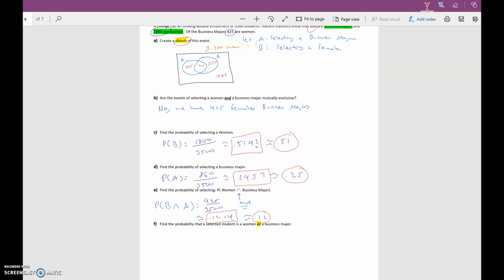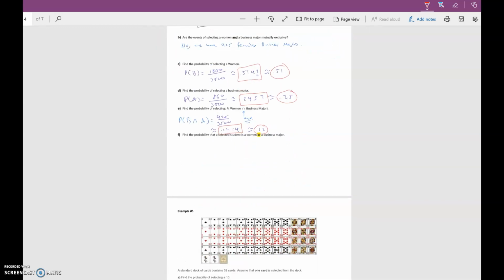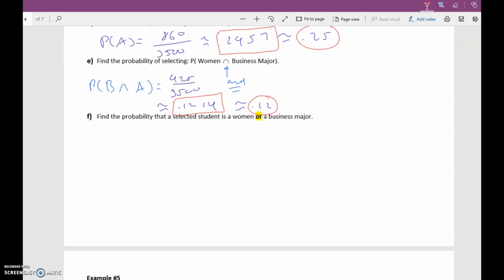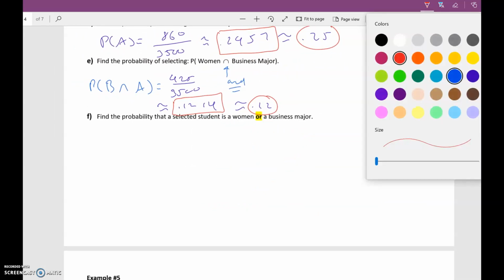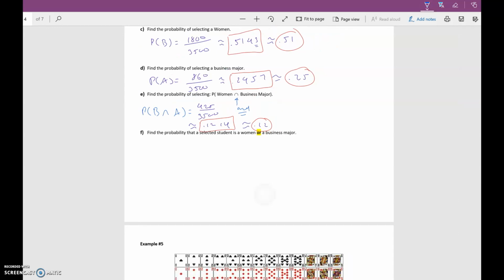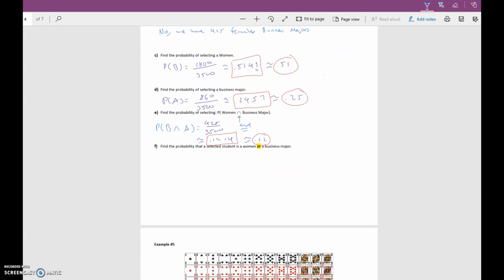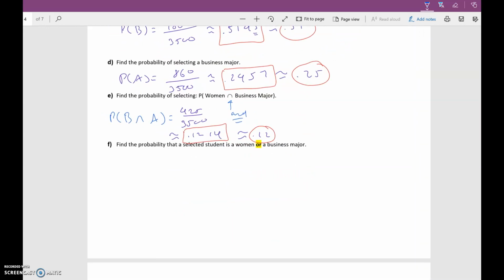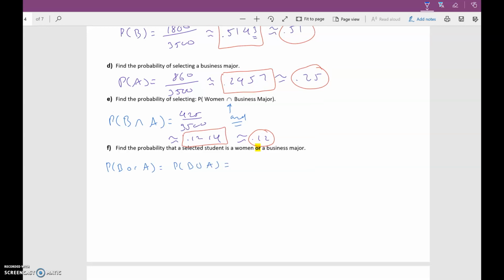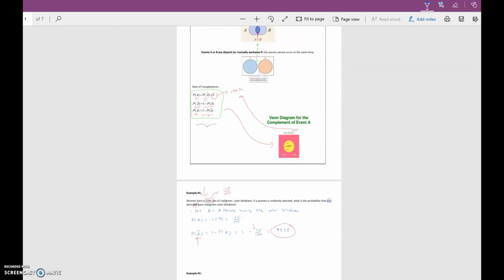Okay, let's take a look at the last one. In this case, the last one represents a union. So let me actually use the same letters. So females come first, that's B. So in this particular one, they simply want the probability of B or A. Now this gets translated as the probability of B union A, and the formula is actually here.